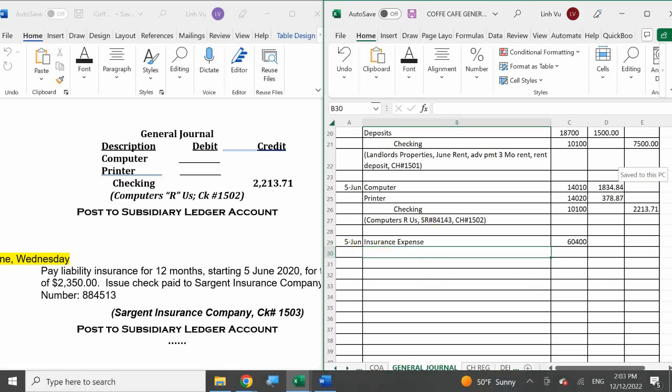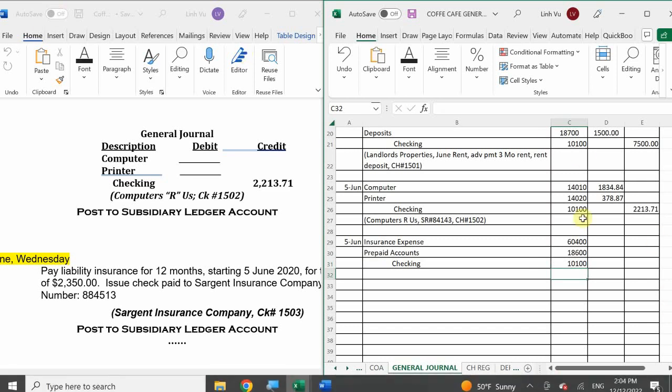So that's how we interpret that: we have a prepaid account, which is an intangible asset, 18,600. And since we wrote a check, that's going to decrease my checking account, which we would normally credit because we're decreasing an asset.